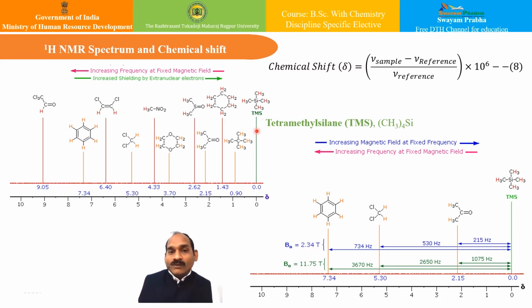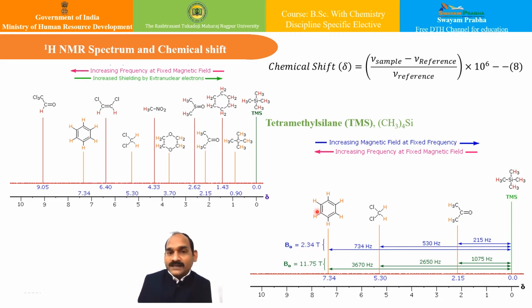In order to provide an unambiguous location or unit, as shown in this particular figure, we can use this TMS as one of the reference materials in the sample. Say for example, you can take the example of acetone, methylene chloride or benzene, in which case, if you can see, they are giving single signals.